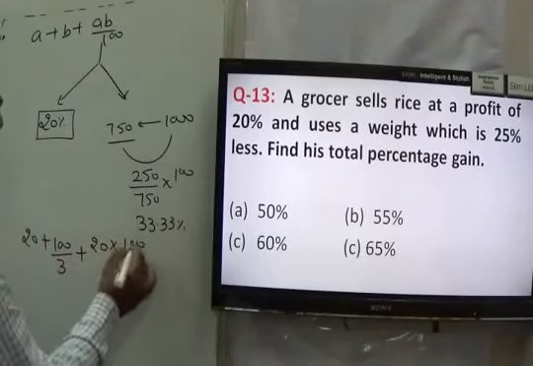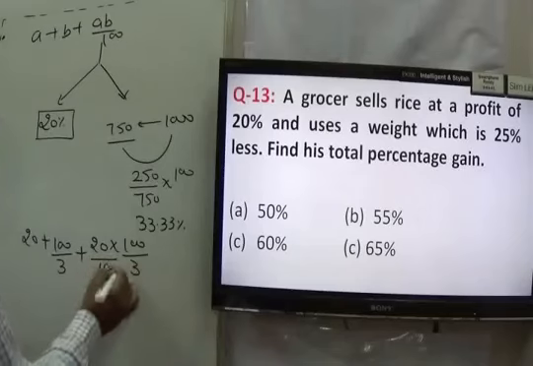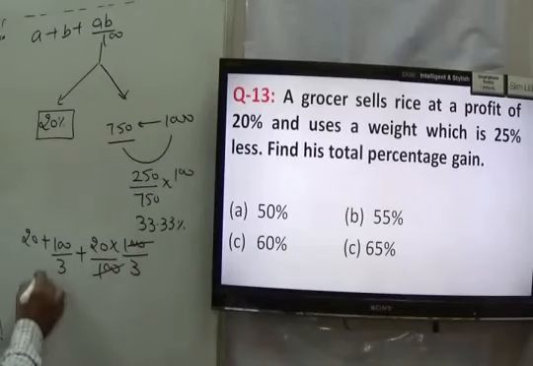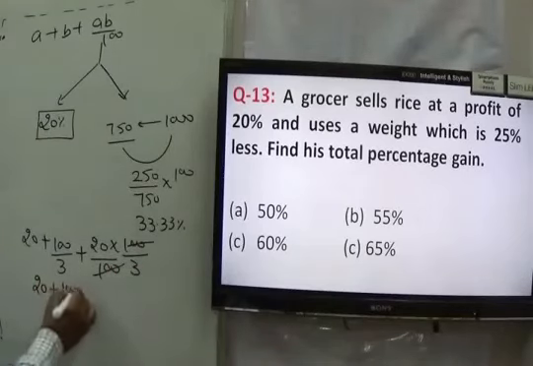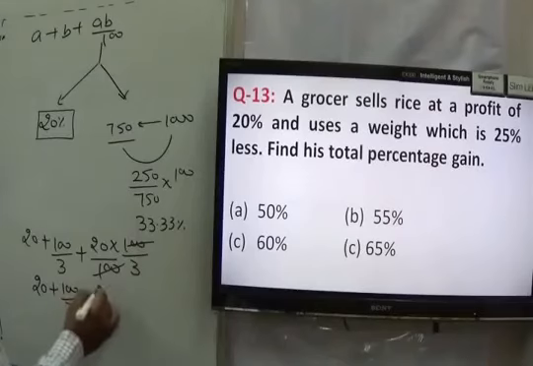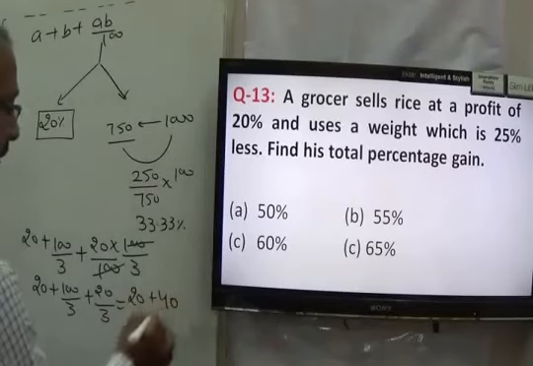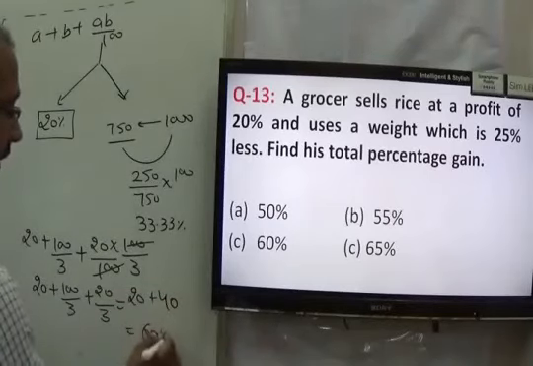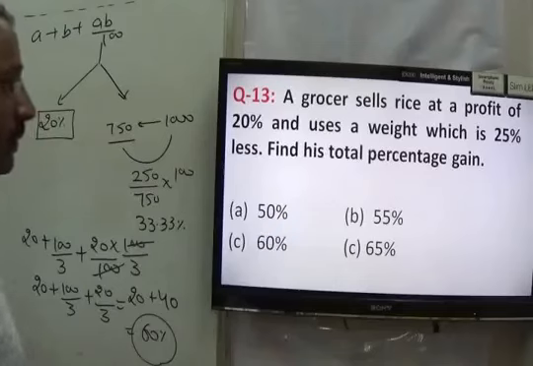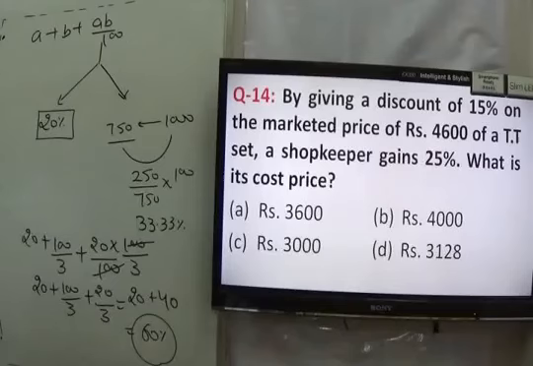Just solve it. That would be cancelled out. 20 plus 100 by 3 plus 20 by 3. So that is 120 by 3, that is 40. So I will take it as 20 plus 40. My overall percentage is 60%. That becomes my answer. So I can say that his overall gain percentage is 60%. It's your answer.